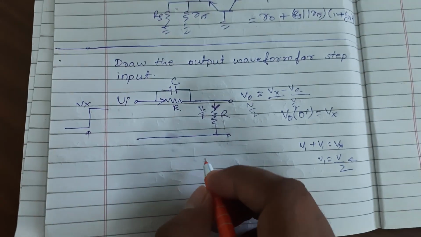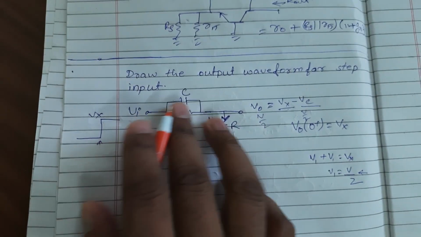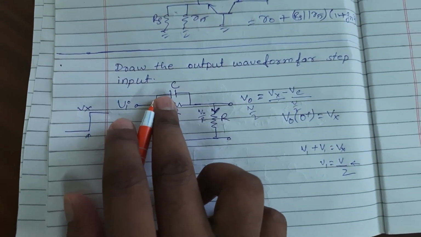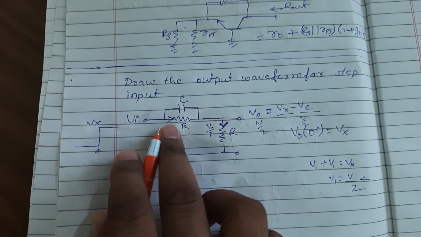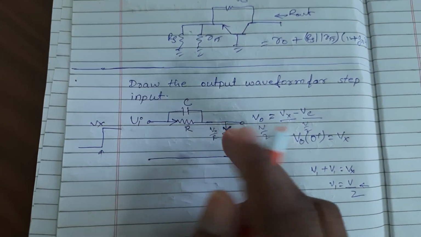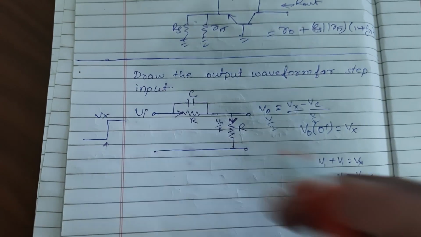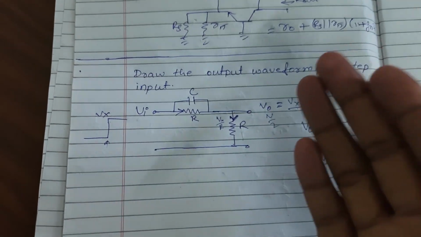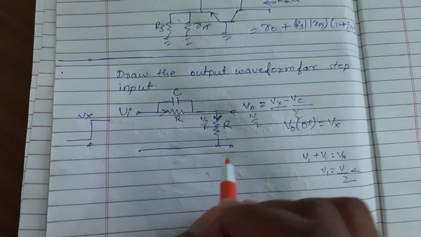This circuit consists of a single capacitor and two resistors. If in any circuit there is only one capacitor and many resistors, or one resistor and many capacitors, that circuit will be a first order circuit.